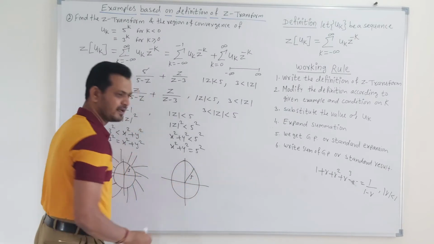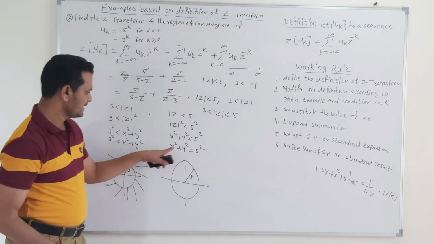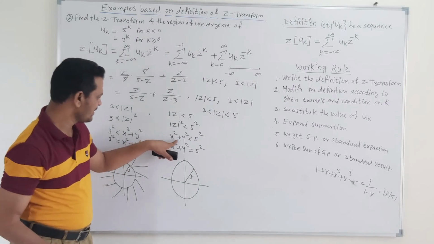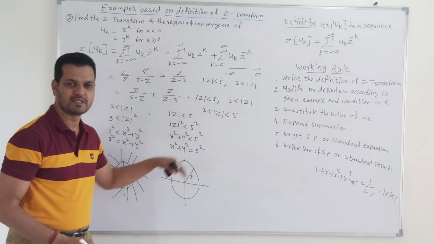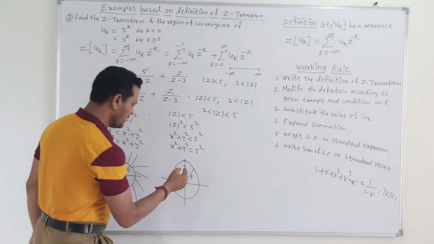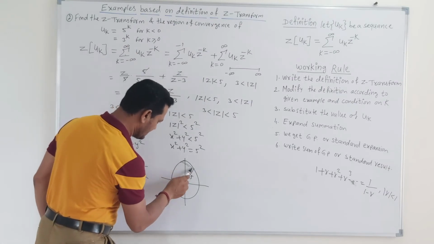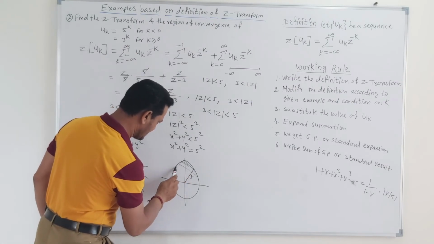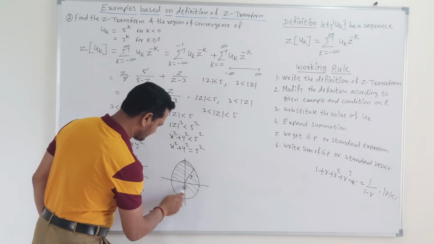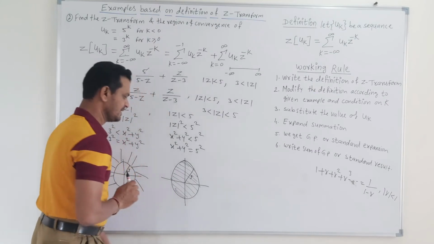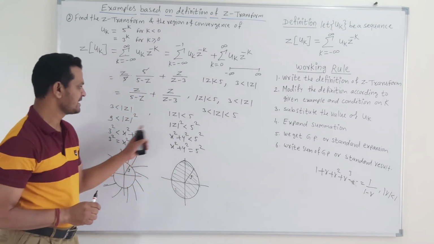So this is the radius of this circle. Now what this equation says is that x square plus y square is less than 5 square, that means having value less than 5. So this is the region where this term exists. So this is the region of convergence for this term.